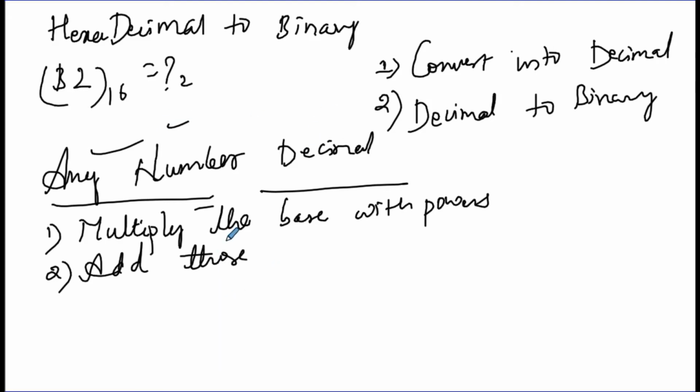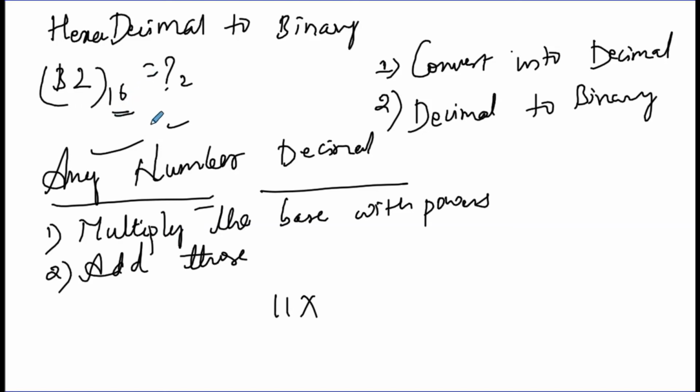In the last example you saw octal to binary conversion. What we did: first we converted octal into decimal and then we converted decimal to binary. If any number is given, say for example B in hexadecimal, A means 10, B means 11, so 11 into 16 to the power 1 plus 2 into 16 to the power 0.